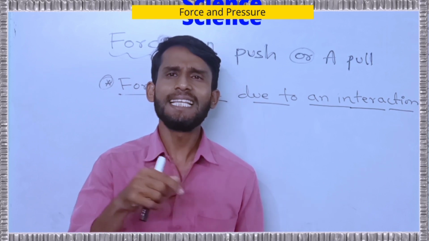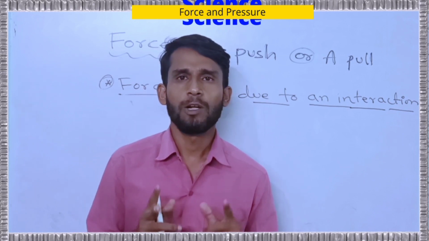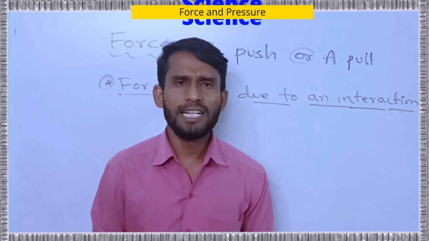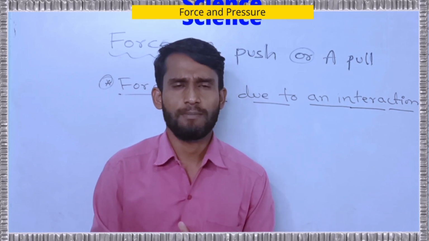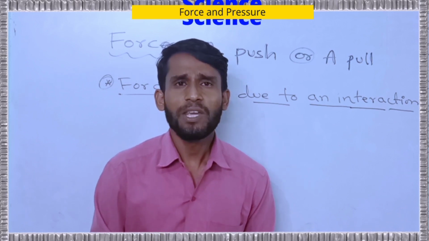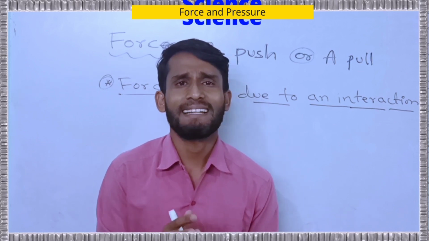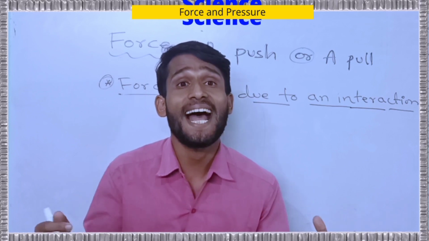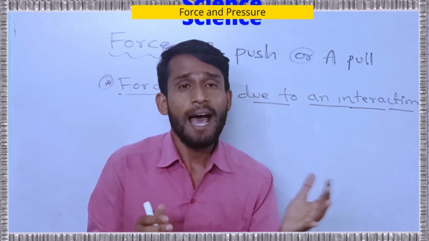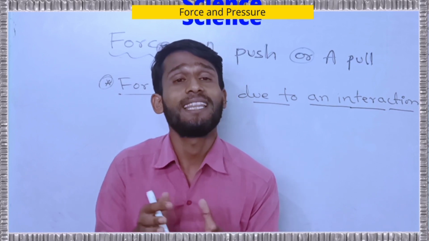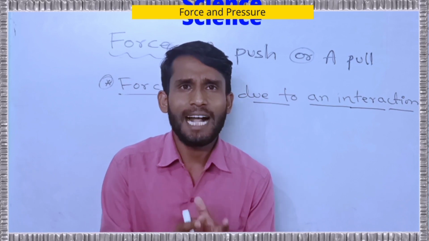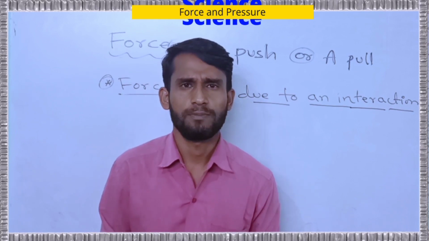Two teams pull a rope in opposite directions. One team pulls the rope to the right side and one team pulls it to the left. Dear students, sometimes the rope simply does not move, isn't it?